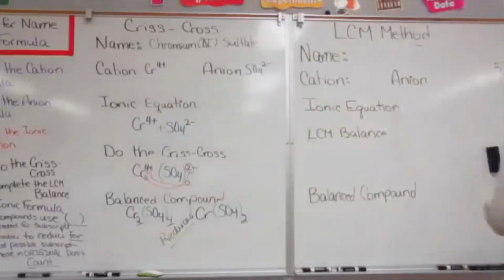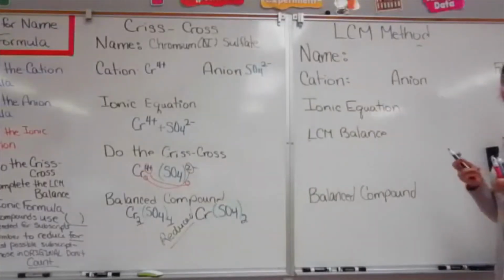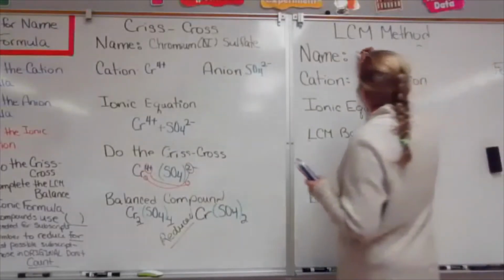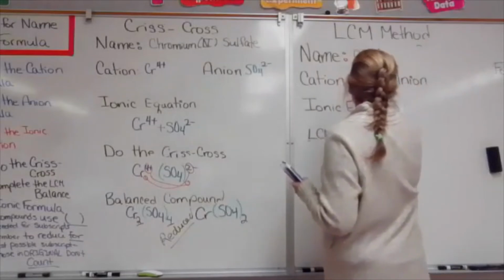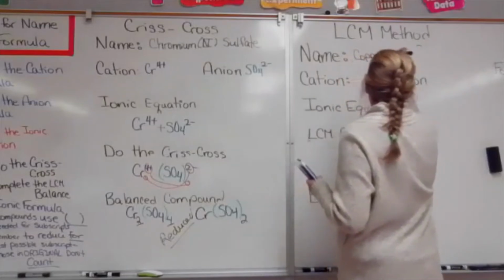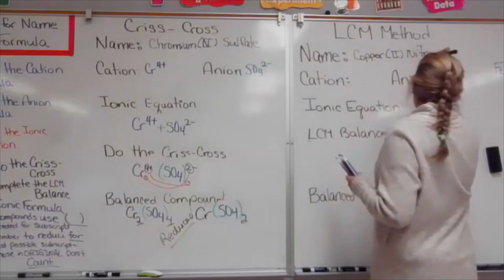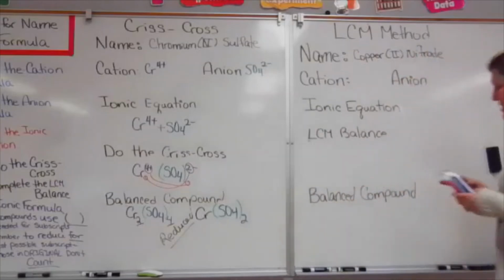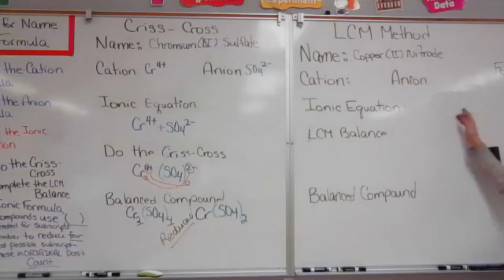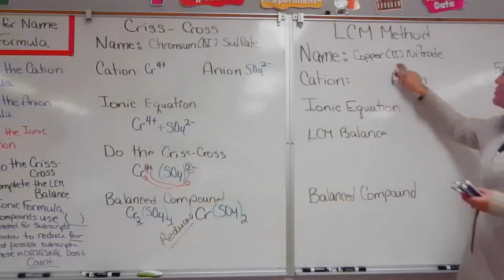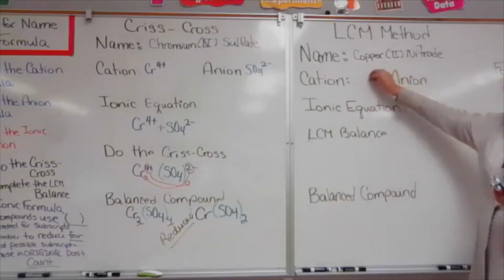Okay, we're going to do one last example of the LCM method, and that's going to be copper(II) nitrate. The first thing that we're going to do, like always, is separate our cation from our anion. So we look at copper(II) nitrate, and we see that copper(II) is written first, so that has to be our cation.